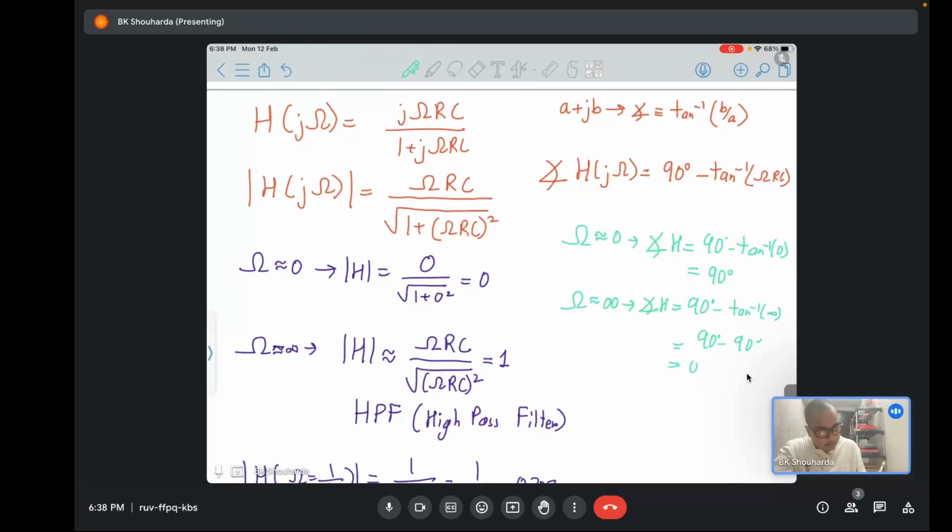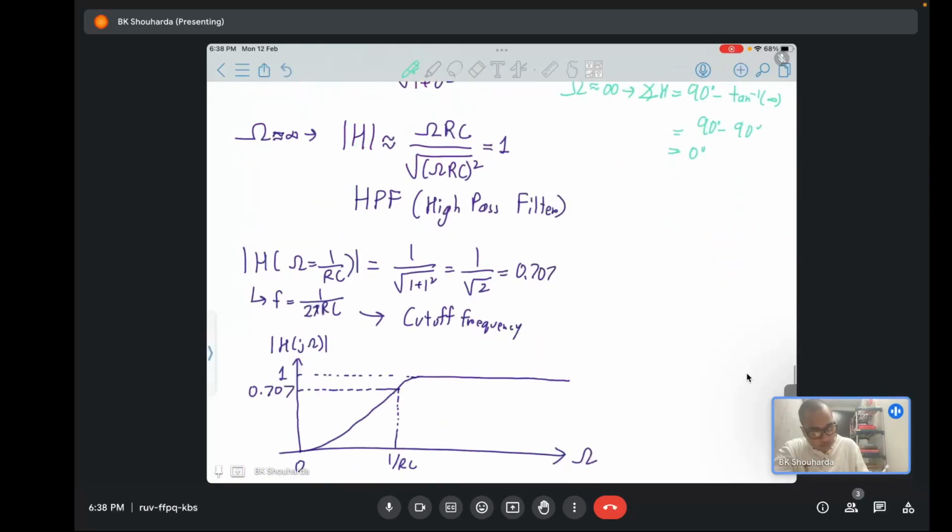That's 0 degrees. So what does this phase shift suggest? And if you substitute omega as 1 upon RC, the phase turns out to be 45 degrees.